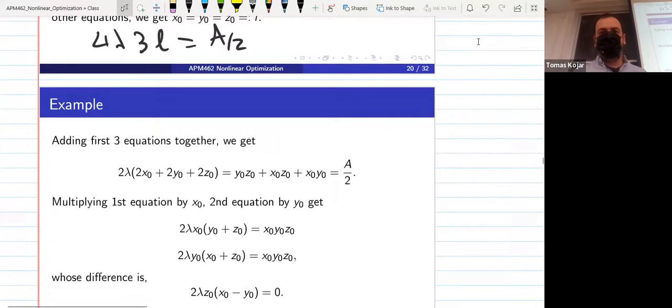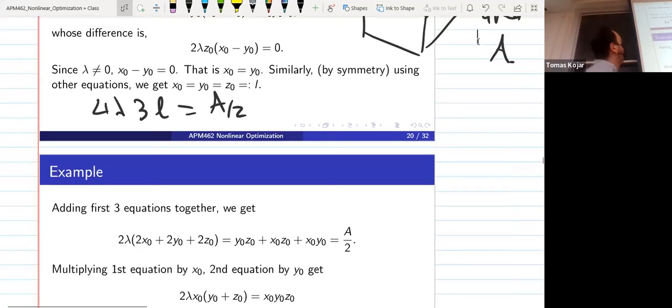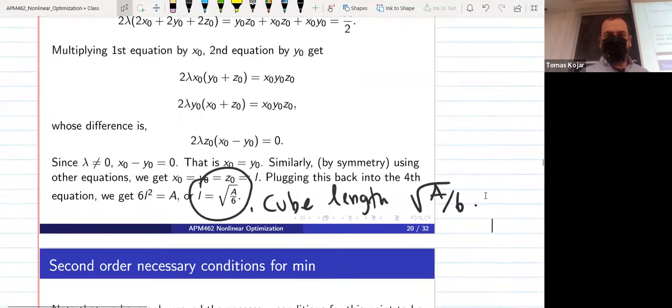So the shape has the optimum volume given by the square root of the surface area over 6. So that's the rectangle with the optimum volume given a surface area.